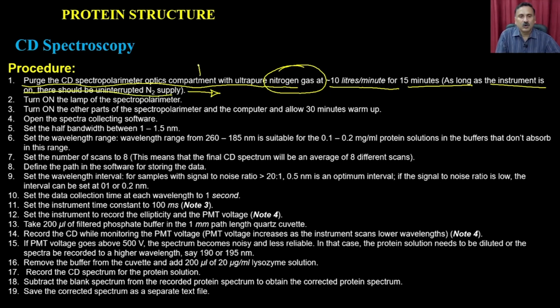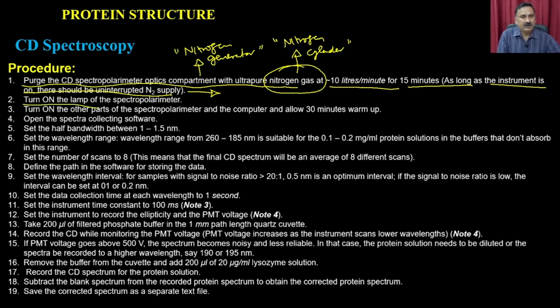This means you require either a nitrogen generator, if you want to purchase an instrument with an inbuilt nitrogen generator, or you require a nitrogen cylinder, so that you can connect it. Why are we working in nitrogen? Because we want to work in an inert environment.